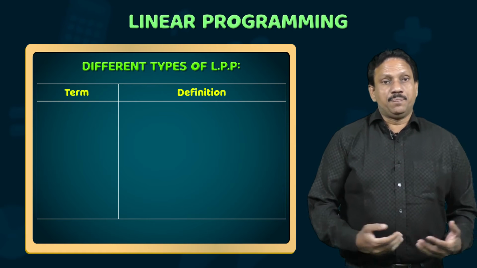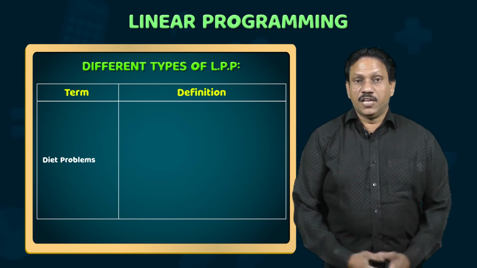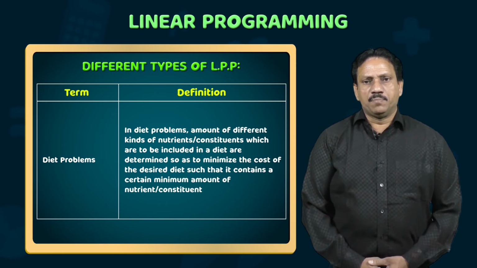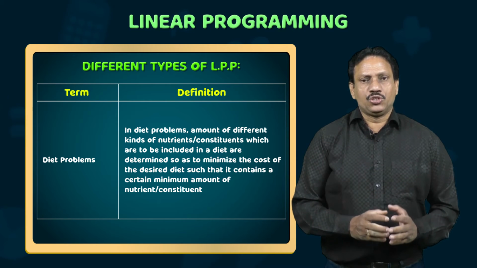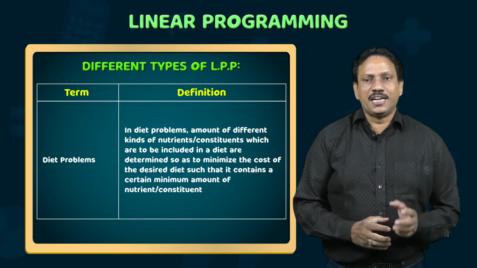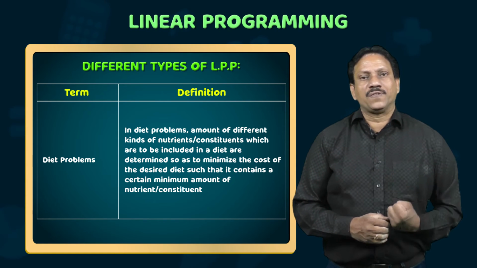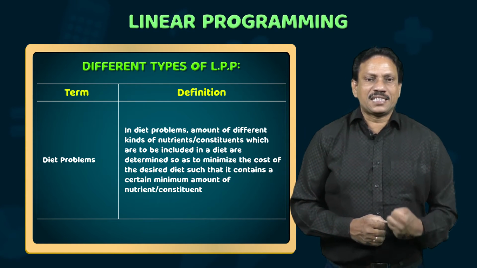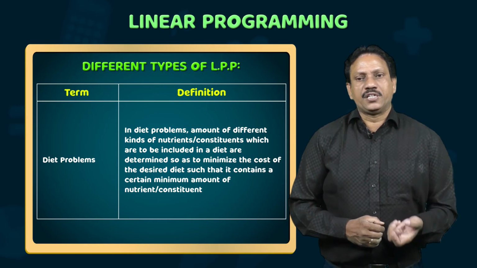Different types of LPP. Term: diet problems. Definition: in diet problems, the amounts of different kinds of nutrients to be included in a diet are determined so as to minimize the cost of the desired diet such that it contains a certain minimum amount of nutrients.